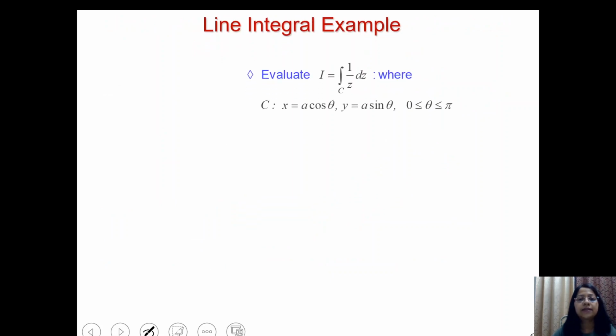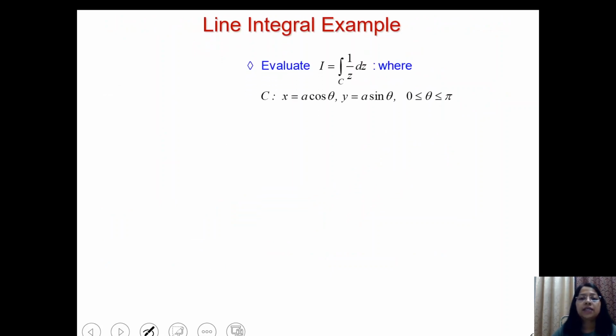So here is one example: the integral along C of 1 by z dz. So 1 by z is a function of a complex variable where x is a cos theta and y is a sin theta. So of course if we add the two, x square plus y square is equal to a square, right?